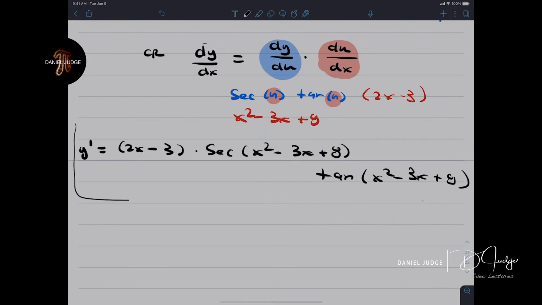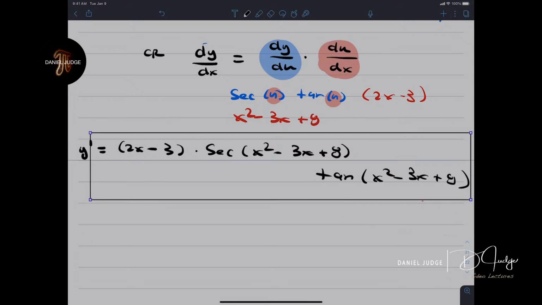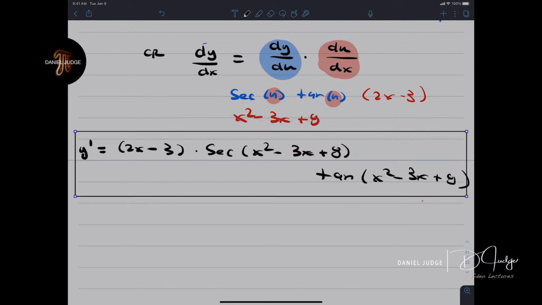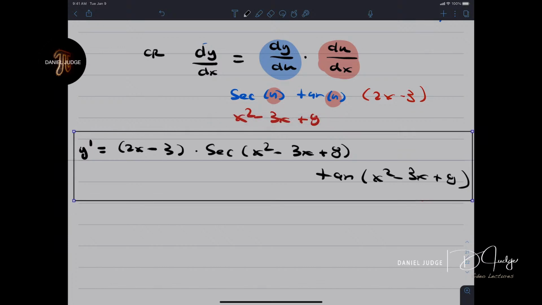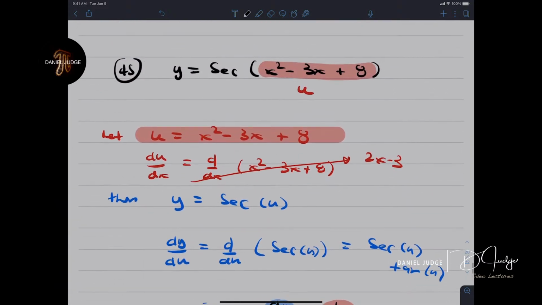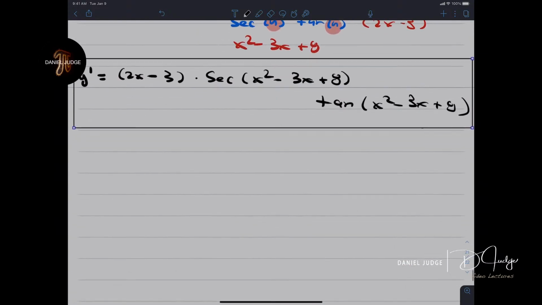So there's a product there. So there you go, ladies and gentlemen. Here it is. Okay, that's 45.